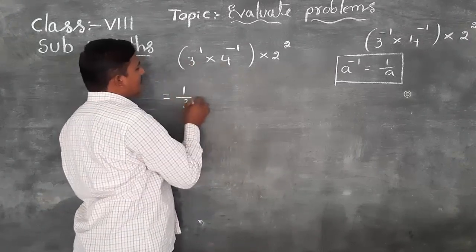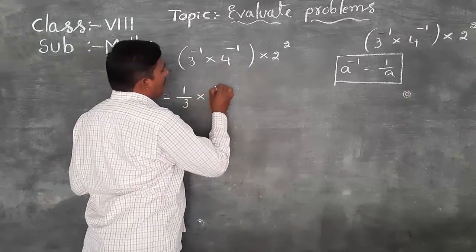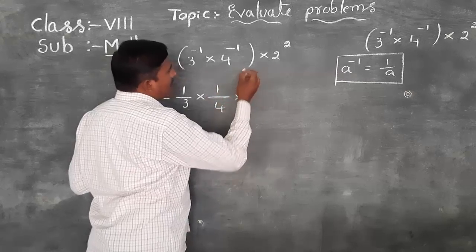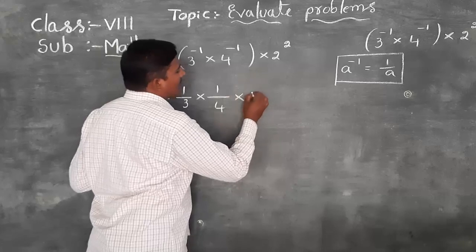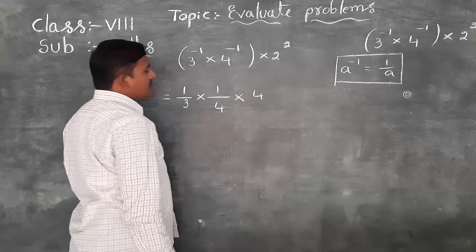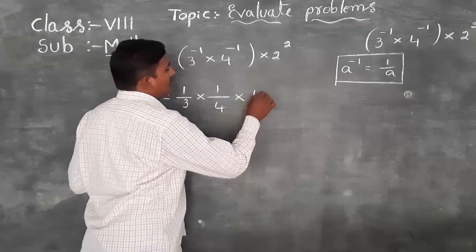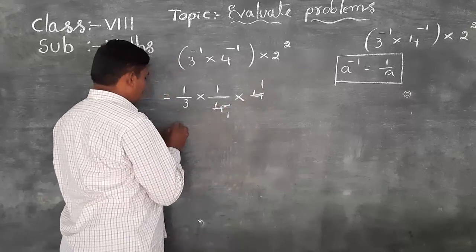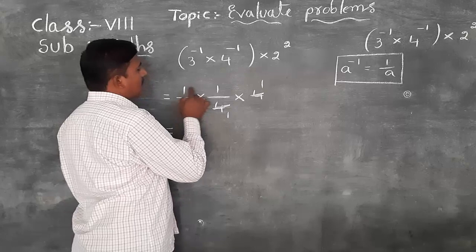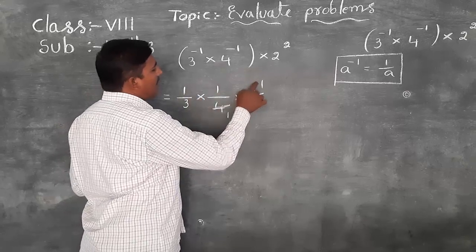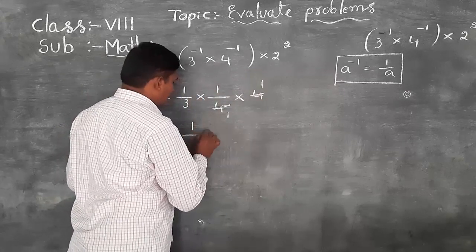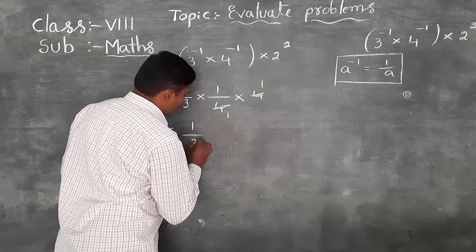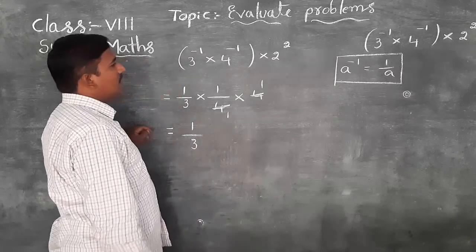Okay. 1 by 3 into 1 by 4 into 2 square means 2 2s are 4. Possible cancellation? Yes, possible. 4 1s are 4, 4 1s are 4. So answer is 1 1s are 1, 1 1s are 1. 1 by 3 1s are 3. 1 by 3 is the answer.